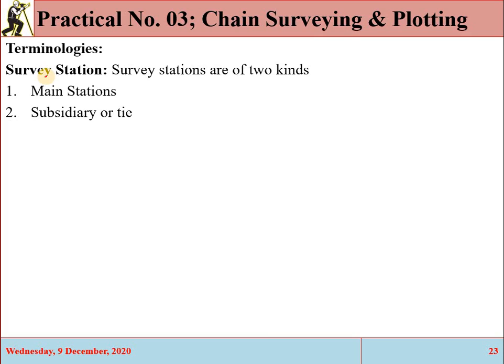Before starting the chain survey, first you have to fix the main station. For example, if this is the area which needs to be surveyed by chain, first you have to do the reconnaissance survey. You have to go into the area and define the position of the stations.